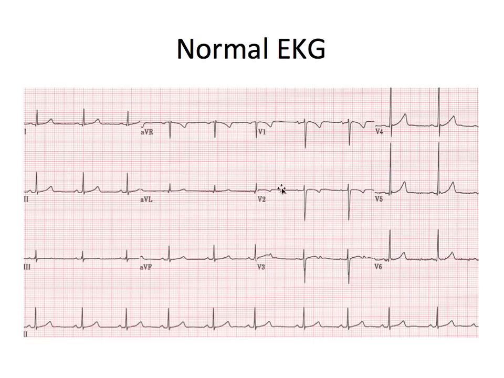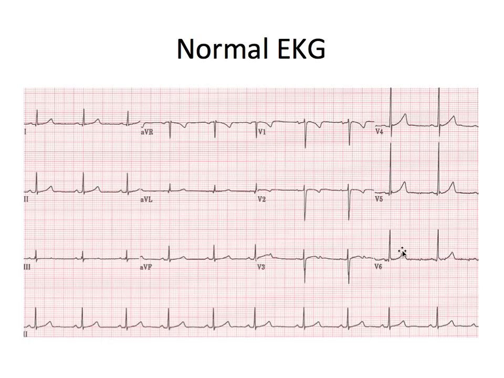And then you have V1 through V6, which are the precordial leads, which give you the direction of the electrical activity from front to back. And remember, 1, 2, 3, AVR, AVL, and AVF are the electrical activity from top, like your head, down to your feet. So 1 through AVF is head to foot.